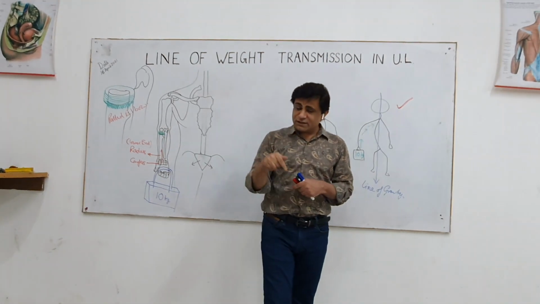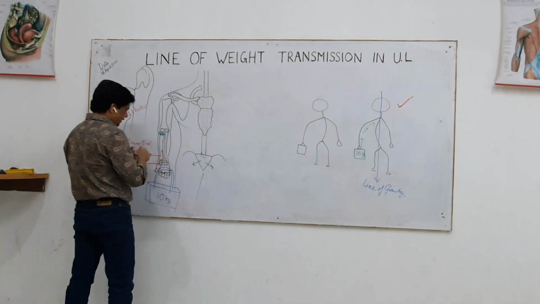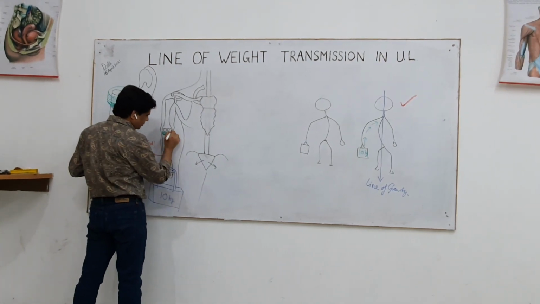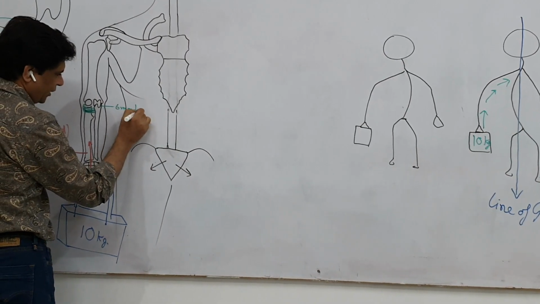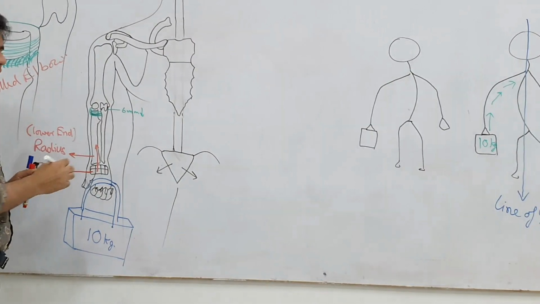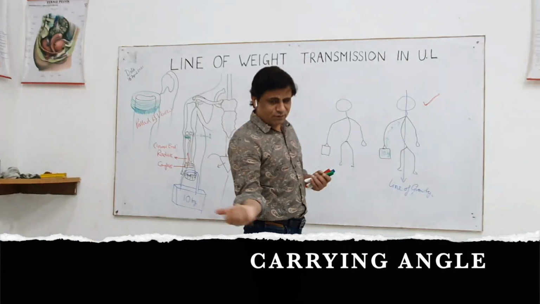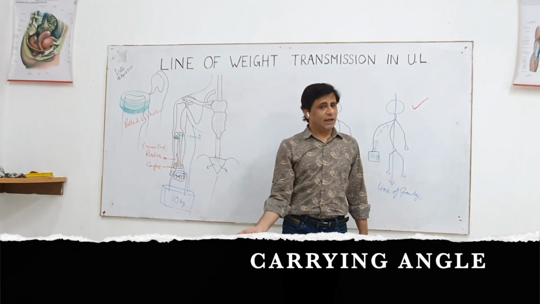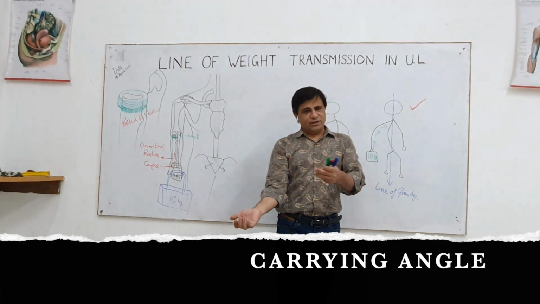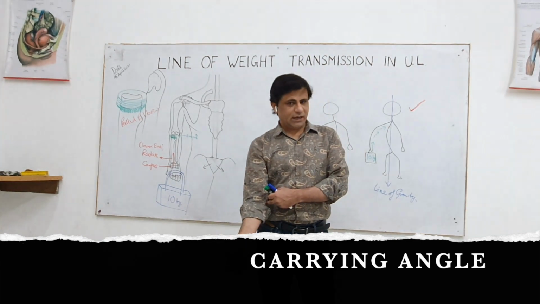The medial flange is dipping down more, around 6 millimeters more. It's more in length. So this is the exact reason why your ulna deviates laterally, causing the formation of the carrying angle. And this medial flange of the trochlea also prevents the collapse of this carrying angle.